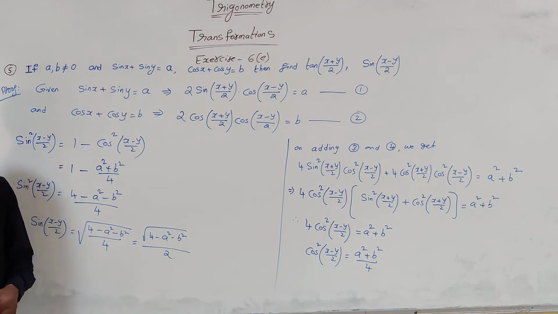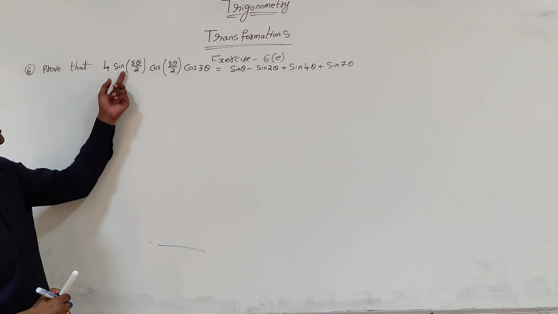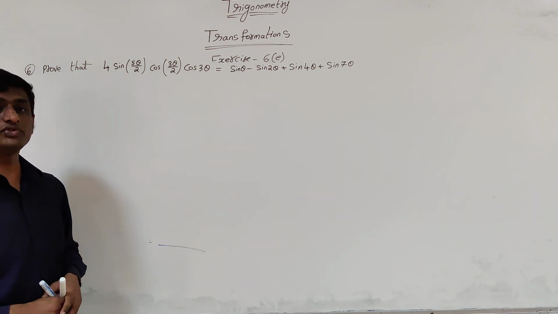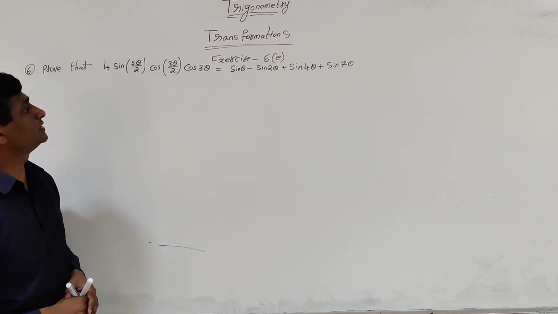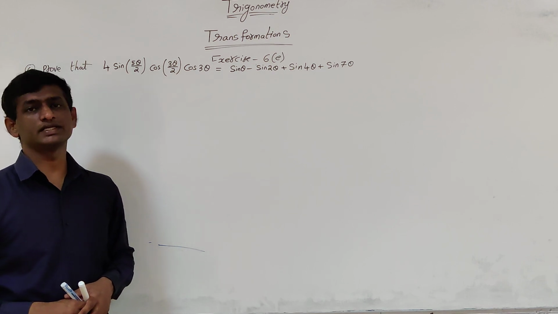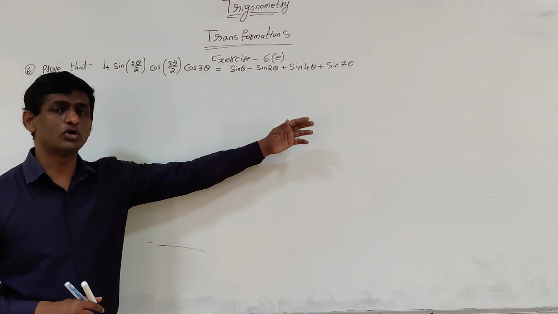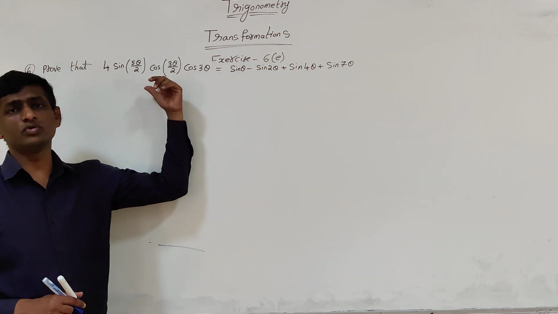So next problem. The problem is prove that 4 sin of 5 theta by 2 cos of 3 theta by 2 into cos 3 theta is sin theta minus sin 2 theta plus sin 4 theta plus sin 7 theta. Means if you take LHS we can prove RHS, or if you take RHS we have to prove LHS.